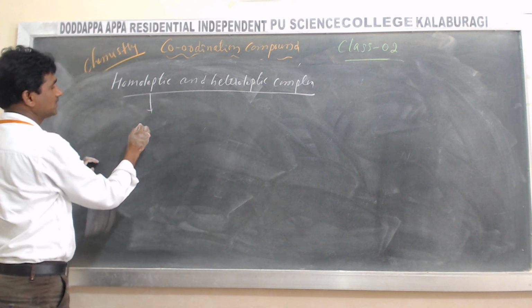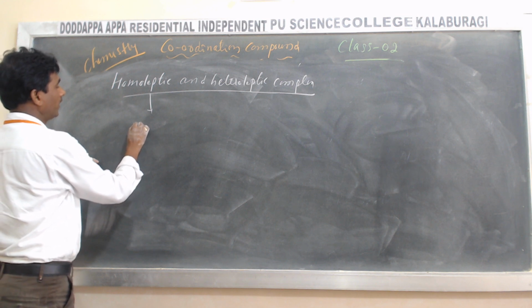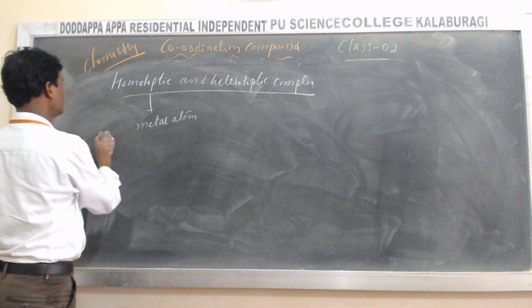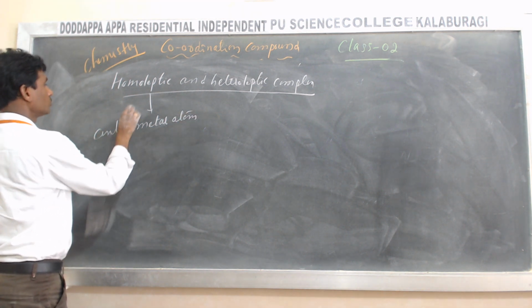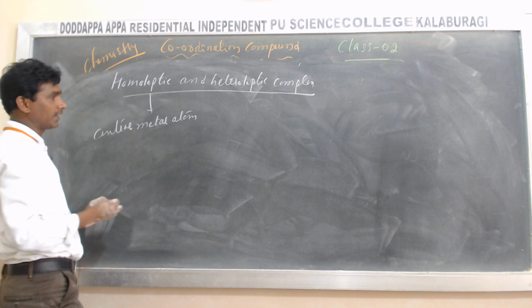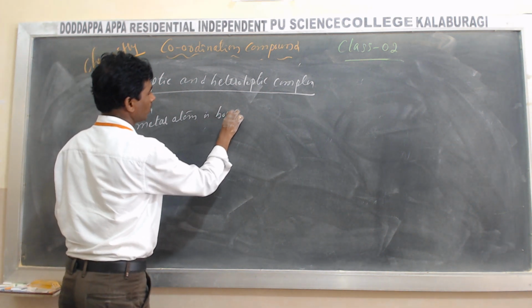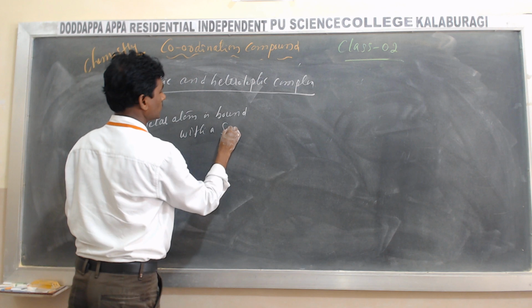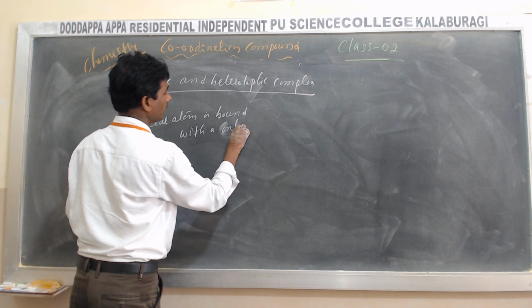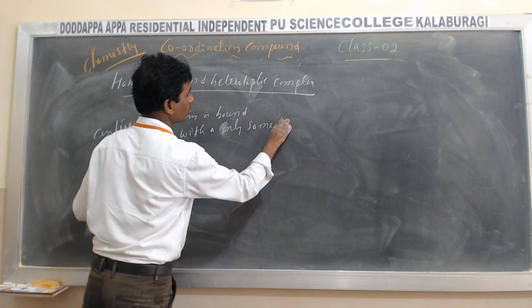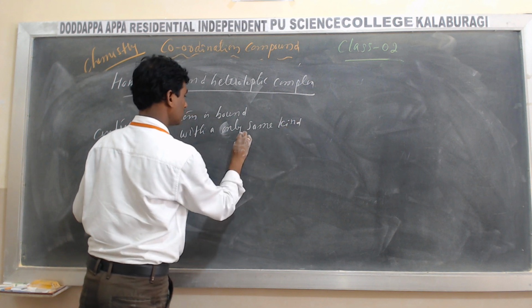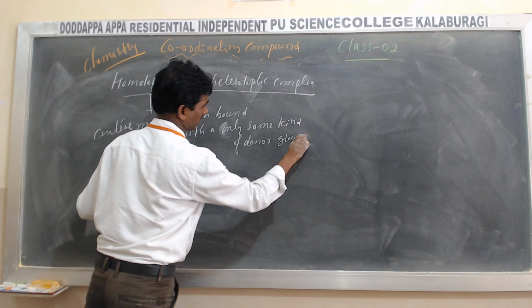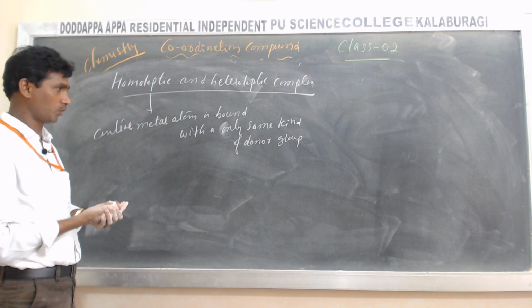A homoleptic complex is defined as one where the central metal atom is bound with only the same kind of ligand, or the same kind of donor group.